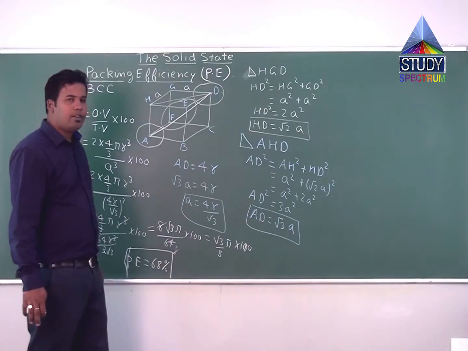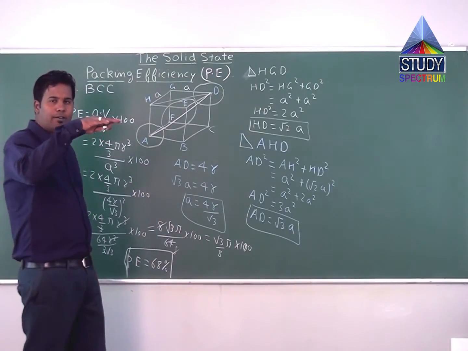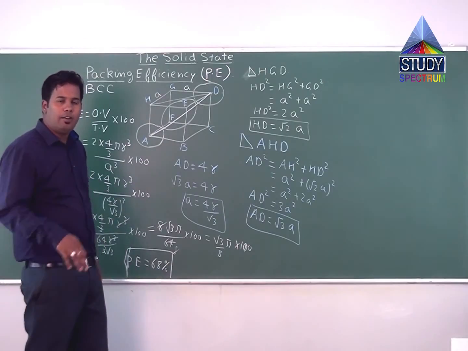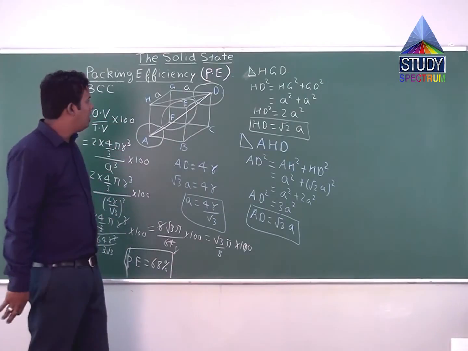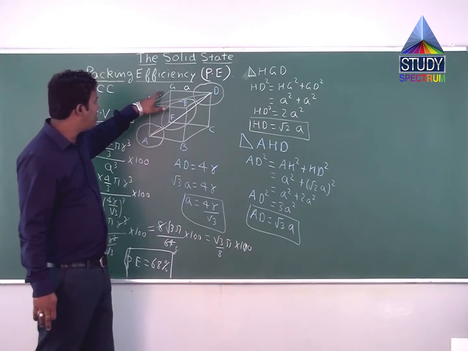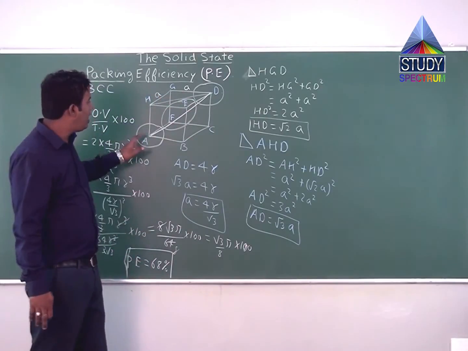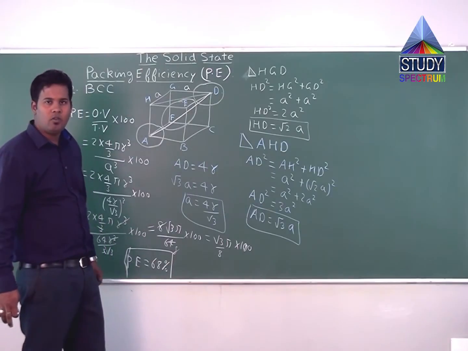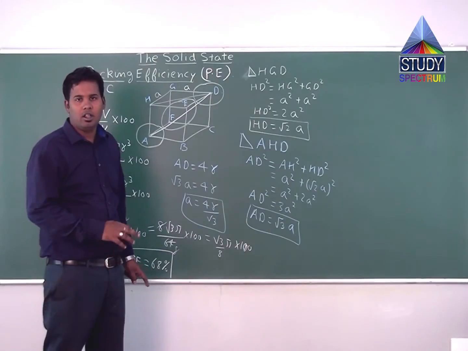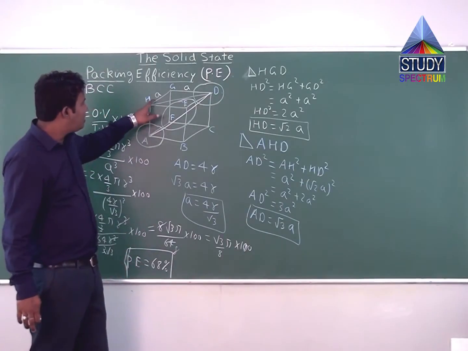In that case, if we take the top face of this cube A, B, C, D, E, F, G, H, then there are 2 different triangles. I have considered triangle HGD, in which the angle HGD is 90 degrees. Why? Like I said, the angle between any 2 edges in this cube is 90. Correct? So angle HGD is 90.